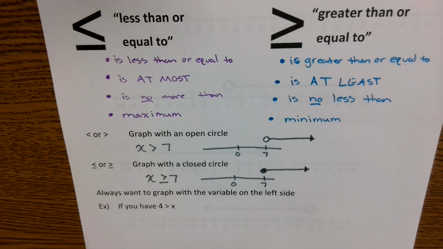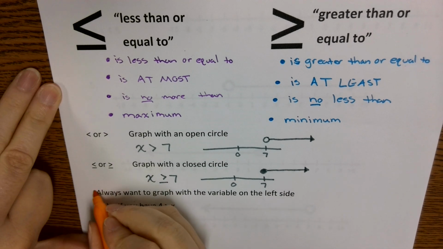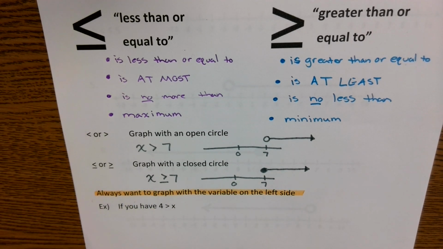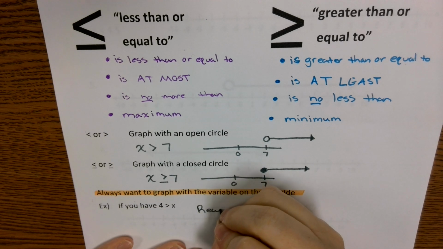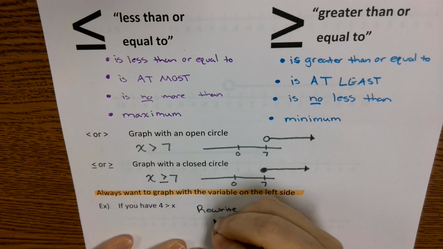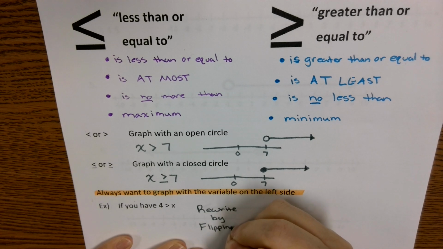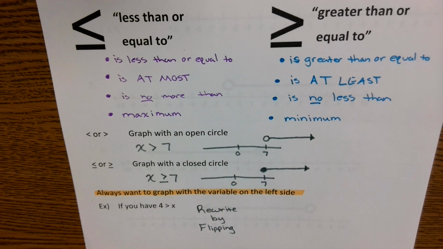Now something you want to be mindful of again, I'm going to highlight it, always graph with your variable on the left side. If you have 4 is greater than x, you can rewrite this by flipping the entire inequality statement.